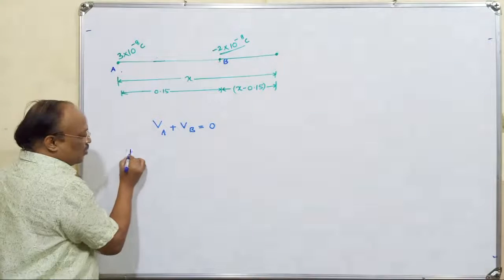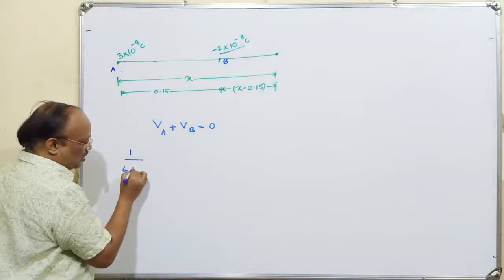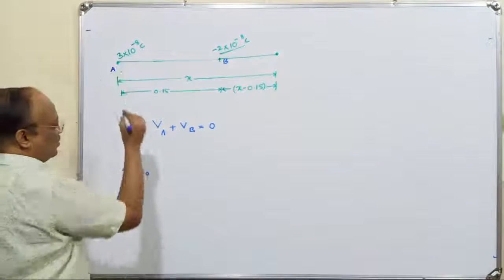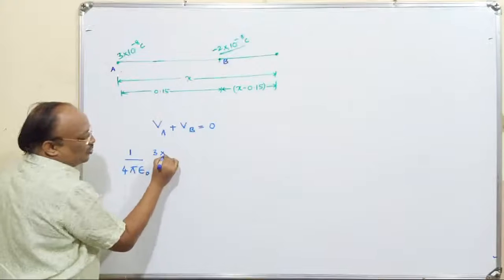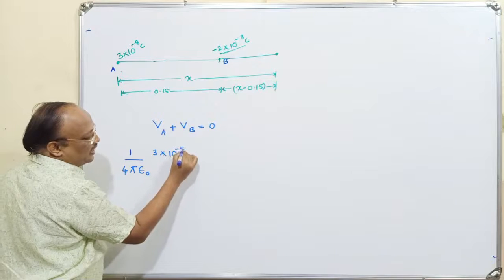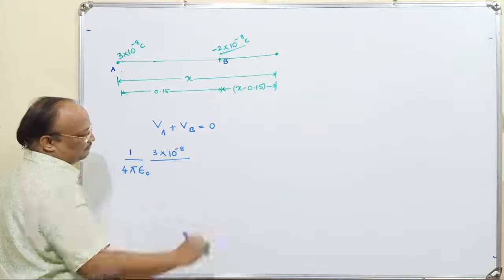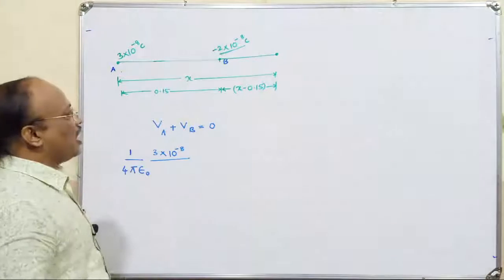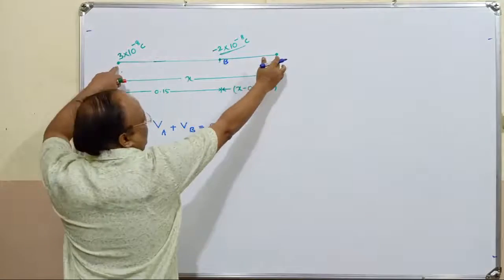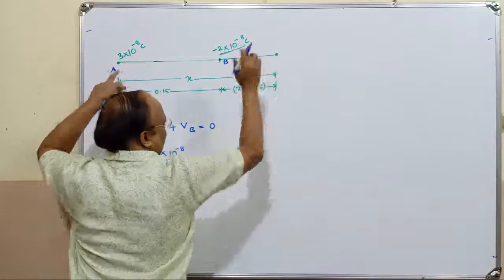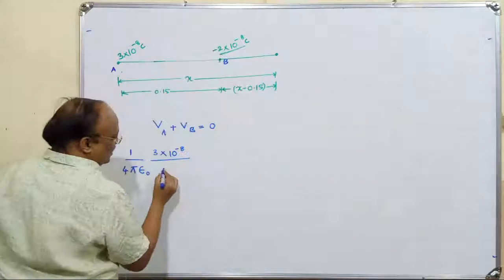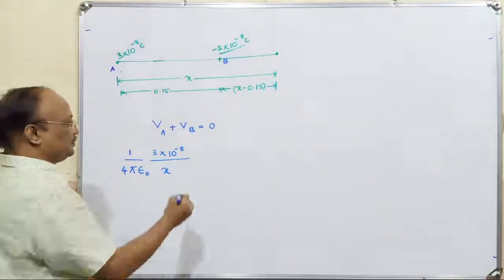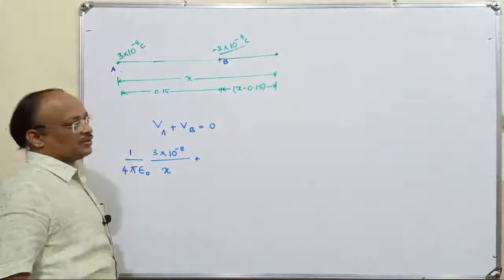So it is 1 by 4 pi epsilon naught, QA is 3 into 10 to the power of minus 8, and this point is at a distance of x.